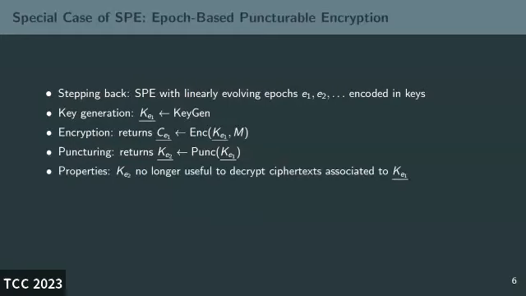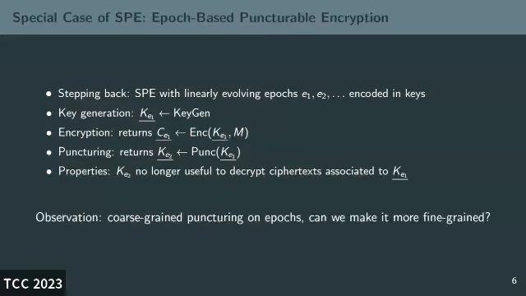And the property is that this new key, here the key for the second epoch, can no longer be used to decrypt ciphertexts associated to the first epoch. Note that here there's no way to update the ciphertext to a new epoch, so that's the difference to updatable encryption. And this gives a very coarse-grained type of forward security. And in order for this to be useful, we need to make it more fine-grained.